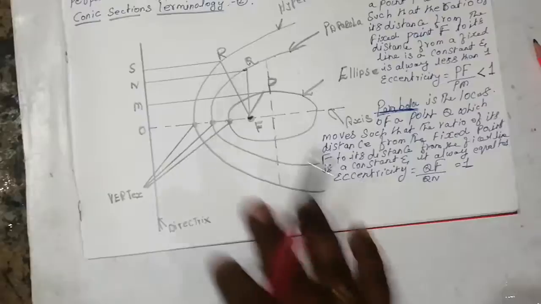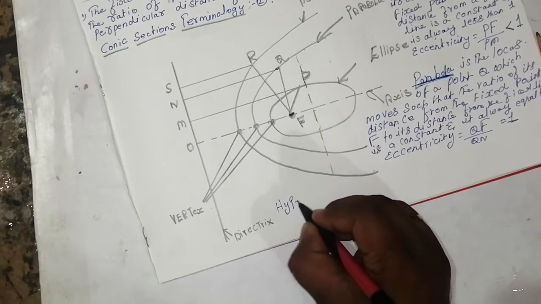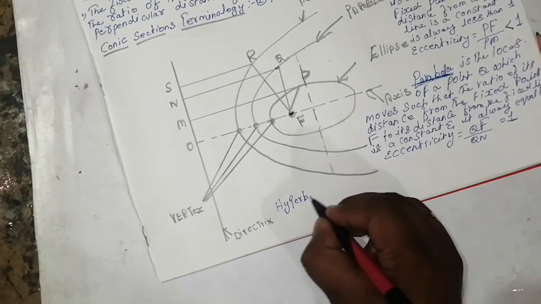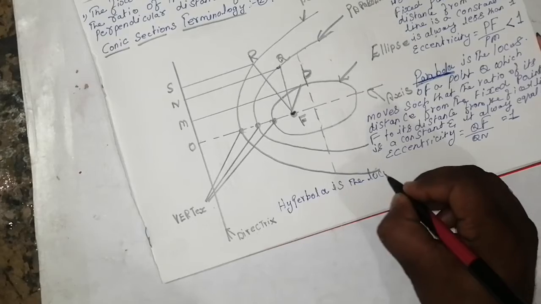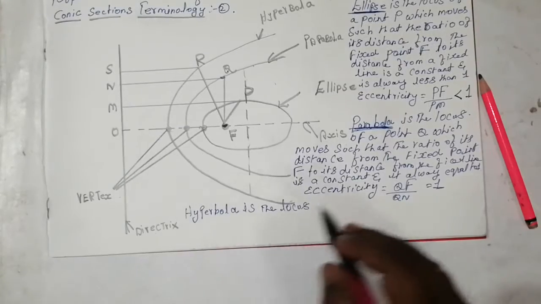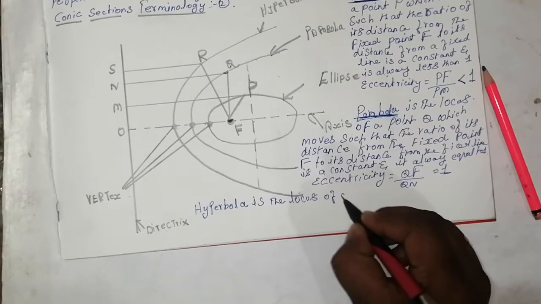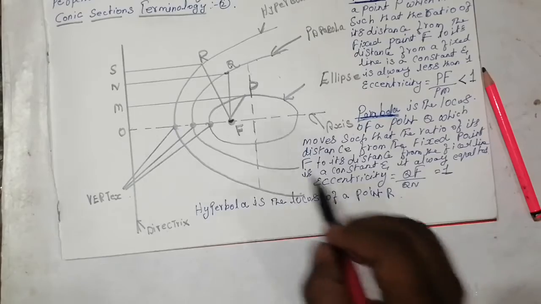The hyperbola is the locus of a point R. The R is written here.